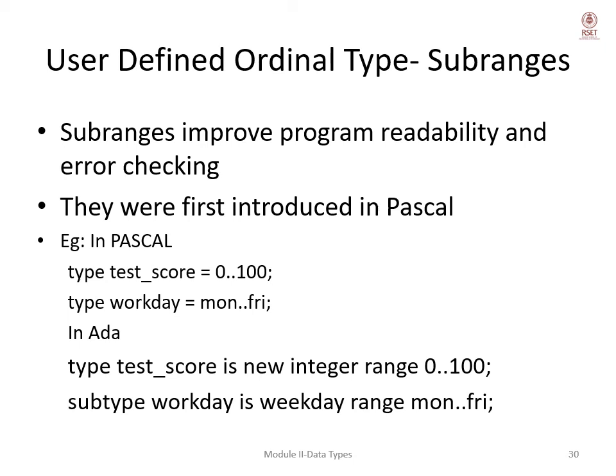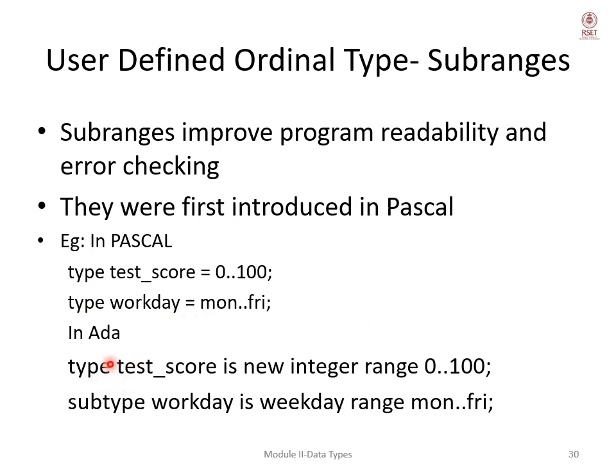Subranges. It is a user-defined ordinal type which was used for improving the program readability and error checking. This was also first introduced in Pascal, and in Pascal you can see the examples. The test score is an integer number between 0 and 100, and work day is Monday to Friday, where the weekday is from Sunday to Saturday.